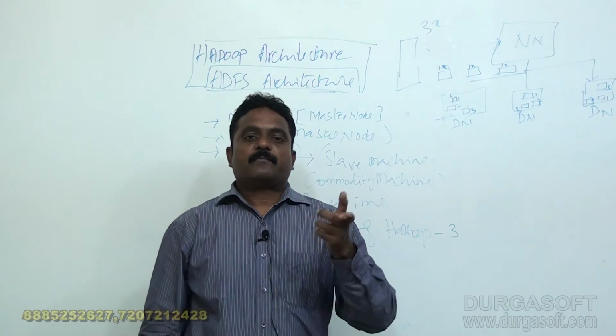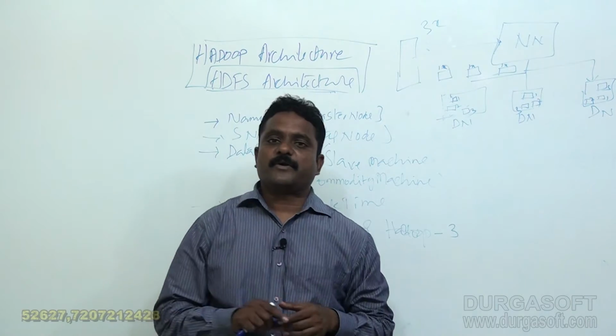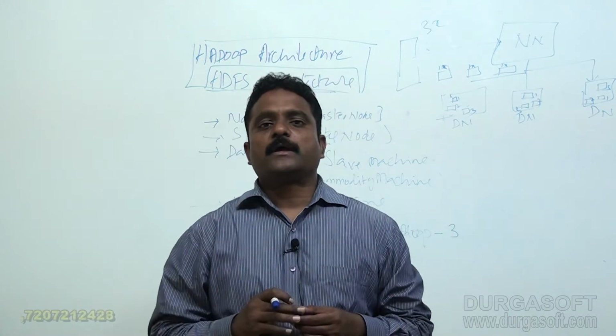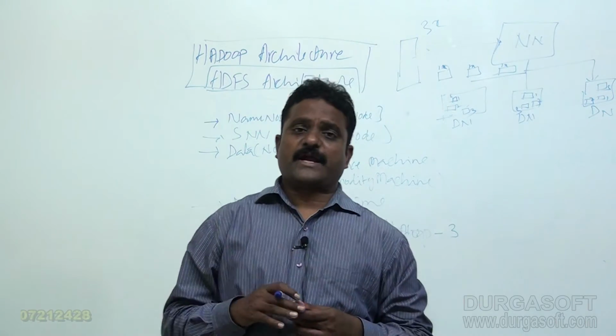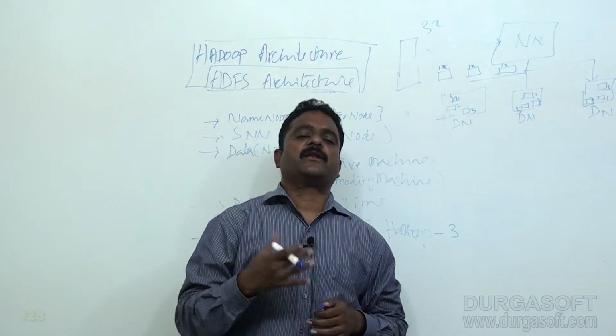When you are writing or reading, there are other things that come into picture: the speed of the RAM, the availability of the node, and also the network speed. So these are the components that depend on rack awareness.